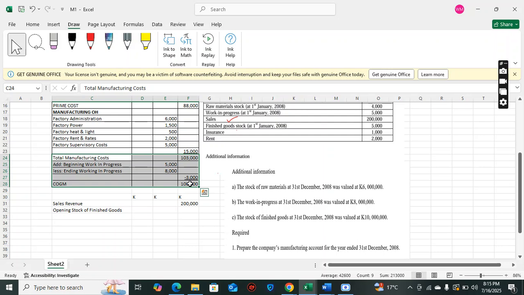No, you add with the 100, because of the cost of goods manufactured.